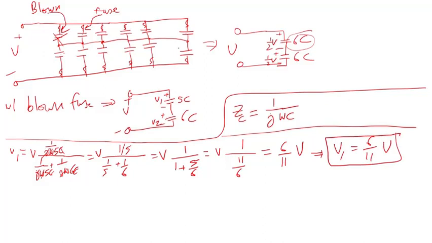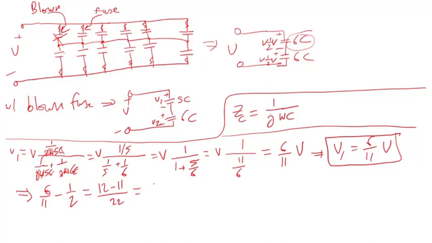Remember, I started with 1/2 of V when I did not have a blown fuse. If I want the difference, what's the voltage change now? 6/11 minus 1/2 is equal to 12 minus 11 divided by 22.